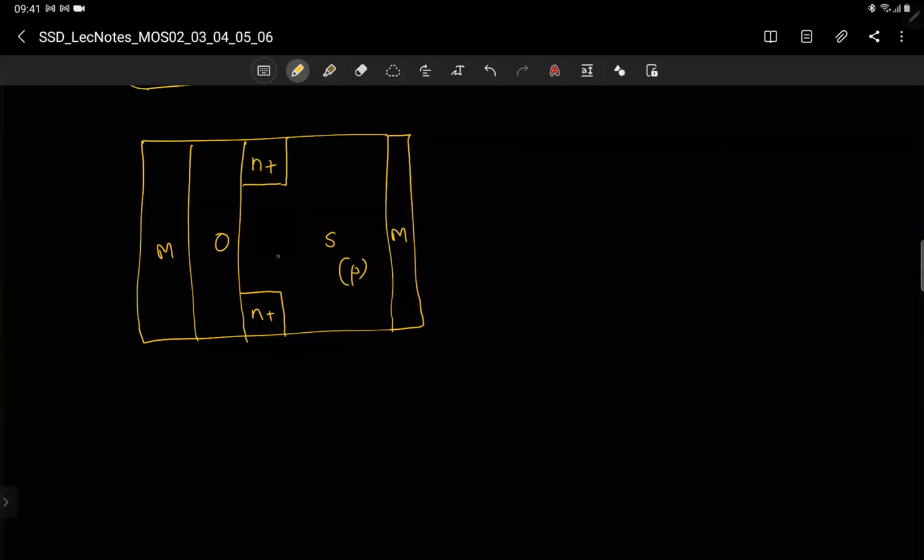I'm trying to contact, so to begin with, I will just put this. I have to contact this inversion layer. There is this depletion charge like this.